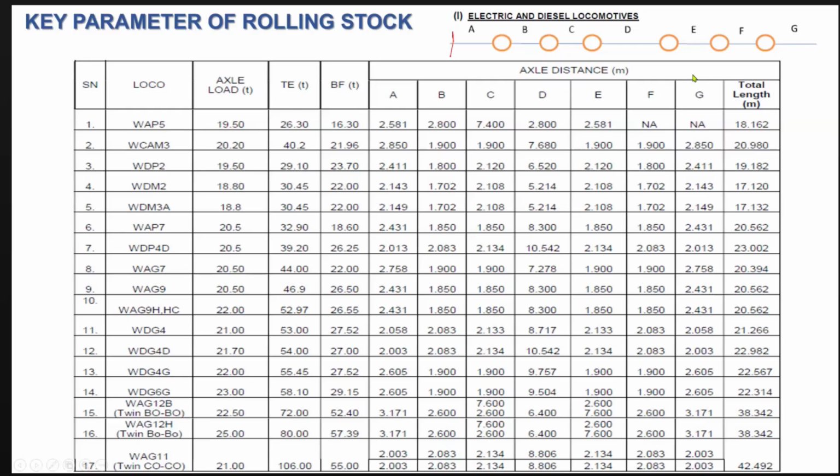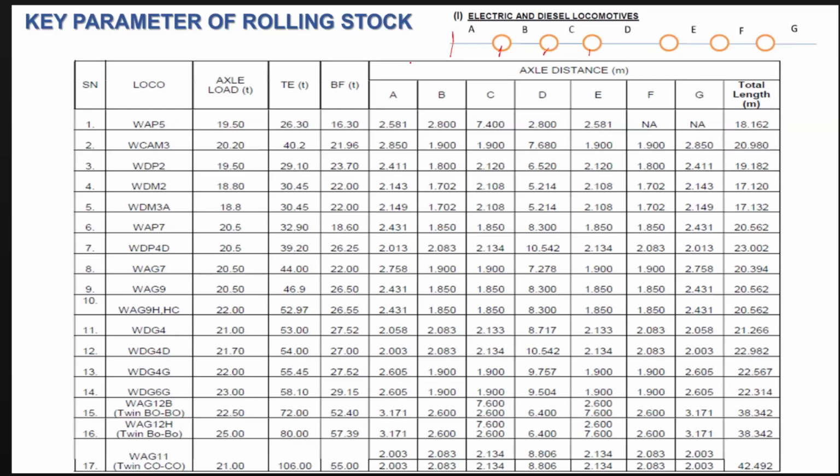An important thing is the center to center of all axles, like Co-Co or Bo-Bo, and in between the bogies, the distance center to center of nearby axles, and the buffer to buffer total length. So this data is also required for making the combination of axles for calculating the moving load and the tractive efforts.